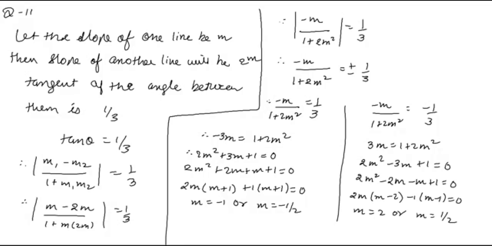So if I take m as minus 1, then 2m will be minus 2. If m is minus 1 by 2, 2m will be minus 1.